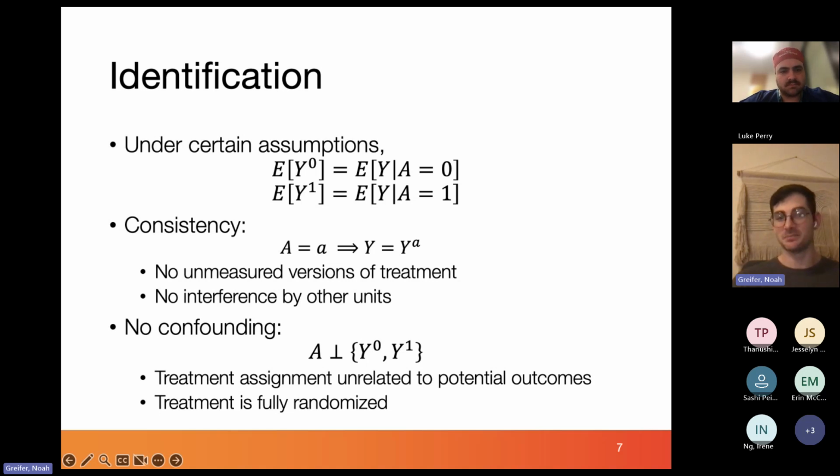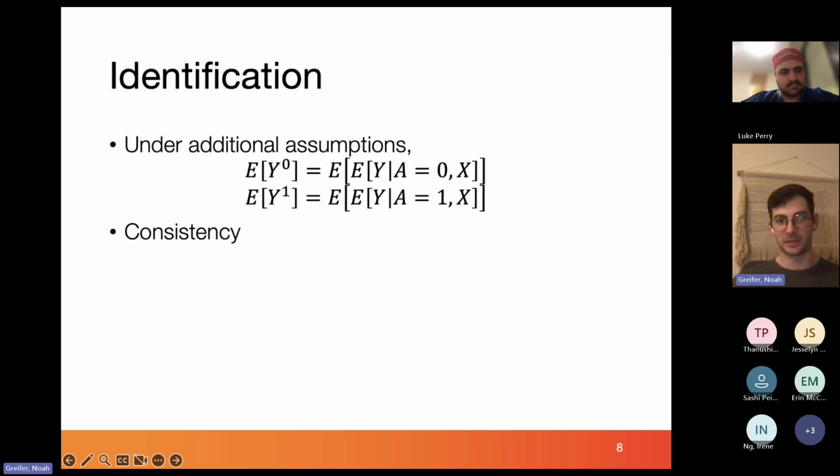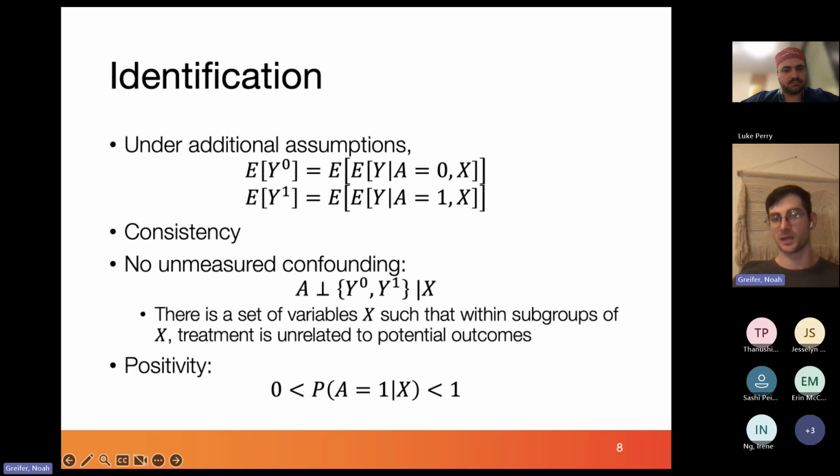When we can't meet this assumption, because, for example, we are using retrospective data, as you mentioned, instead we have to appeal to this other assumption, which relies on the set of variables X, and then we have to appropriately adjust for X by using matching or weighting in order to estimate these quantities.